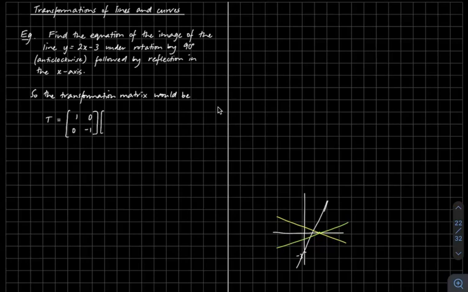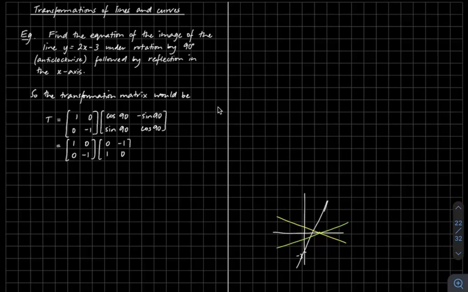And then rotation by 90 degrees, well that's cos 90, negative sine 90, sine 90 and cos 90, and those all simplify a lot, don't they? Because cos 90 is 0 and sine 90 is 1, isn't it?